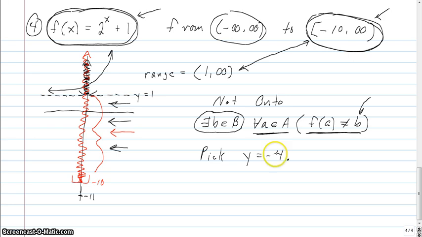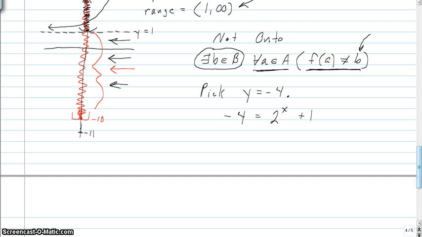So we're going to do this. We're just going to take our y value that we've selected and put it into our function. So remember, the function is y equals 2 to the x plus 1. So if we plug in for y, negative 4, okay, well we might do a little bit of rearranging here just so we can see this a little better.